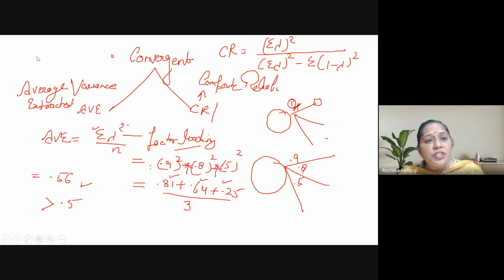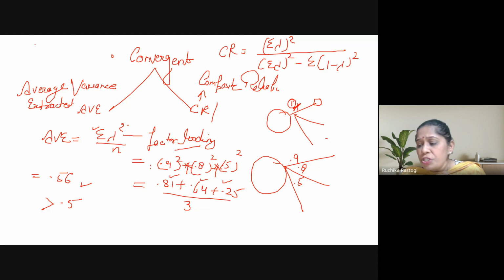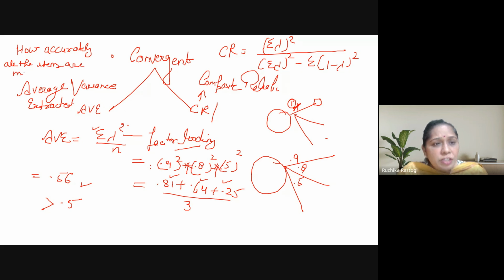Convergent analysis is checking how accurately all the items are measuring the construct. This is done by the convergent validity.